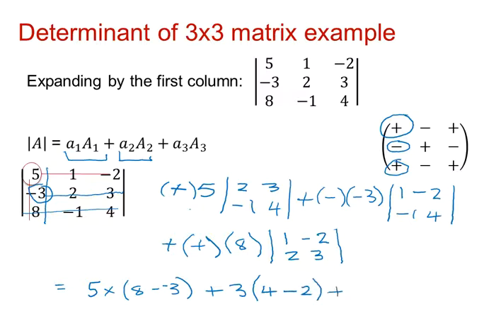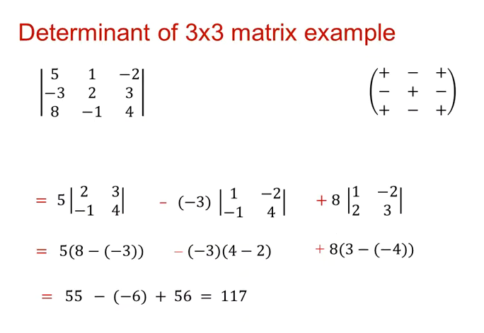And then we're going to have plus 8 times 3 minus a minus 4. This will give us 55 plus 6 plus 56, which totals to 117. This then, expanding by the first column, is the determinant value for this particular 3 by 3 matrix example.